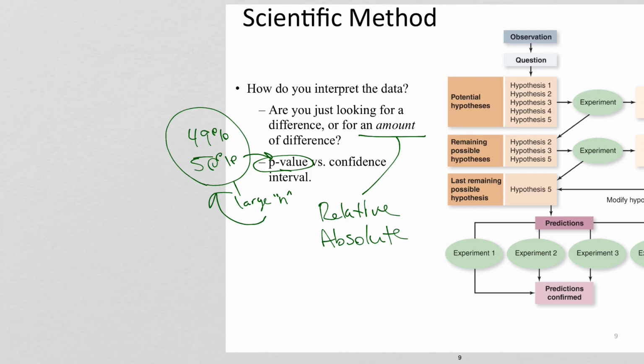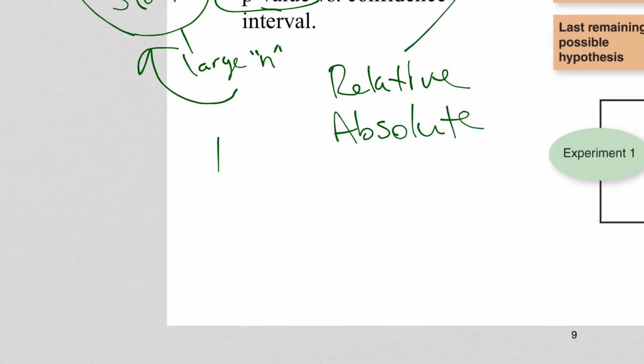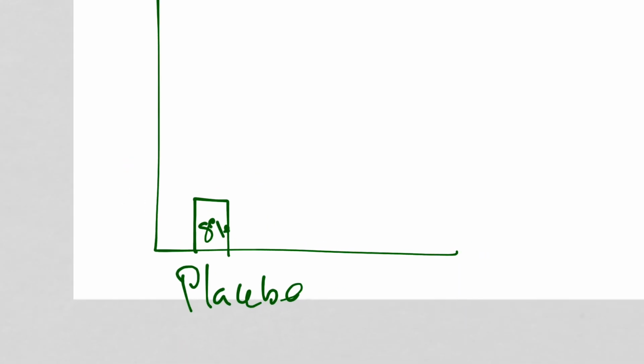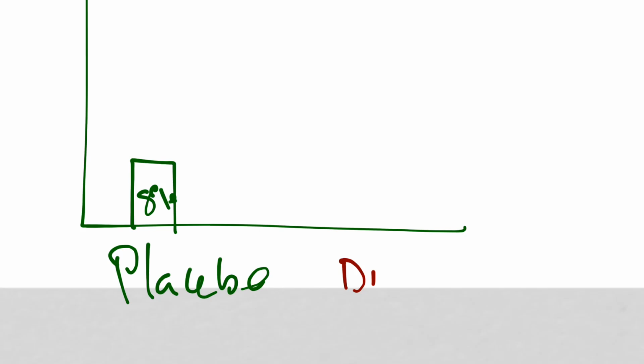As an example of that, let's say that in your trial, your placebo had a positive effect on 8% of people that took it. And let's say that your drug had a positive effect on 10% of people that took it.